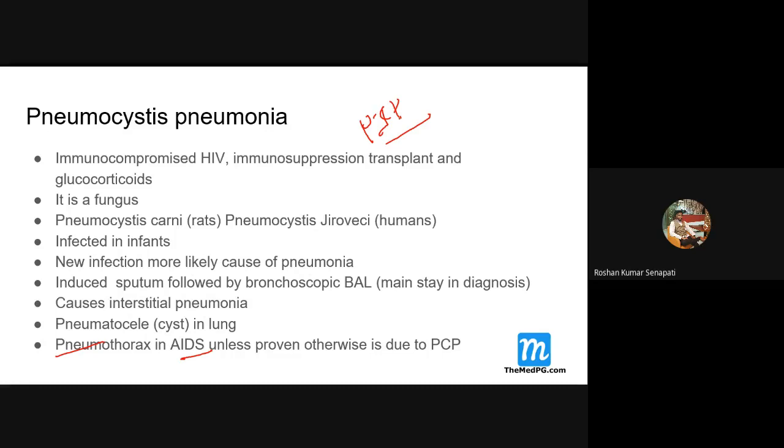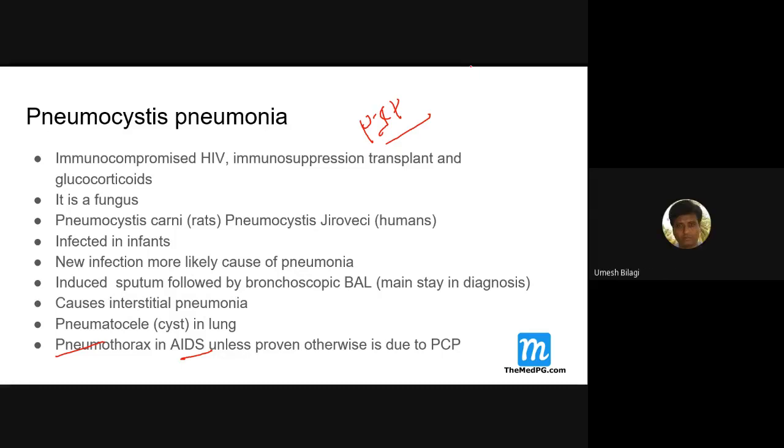Is it spontaneous pneumothorax? Yes, spontaneous. Very good. Spontaneous pneumothorax in a young male is usually due to a bulla. But if a patient with HIV and AIDS comes to you with signs of pneumothorax, rule out PCP in him.